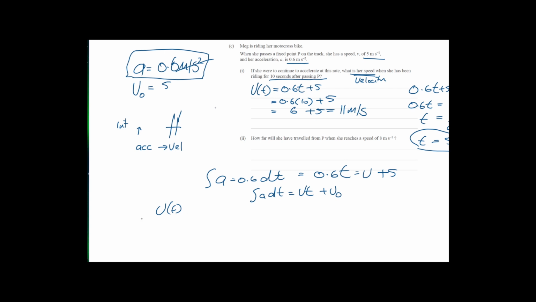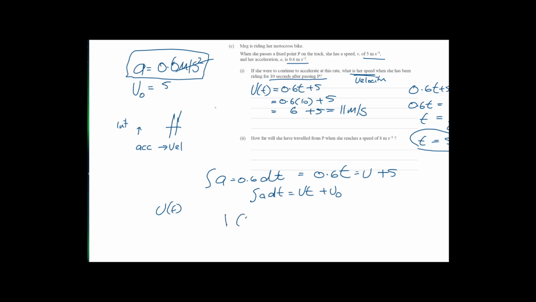To go from acceleration to velocity, we integrate. To get from velocity to displacement, i.e. the amount of distance traveled in a straight line, we integrate again.